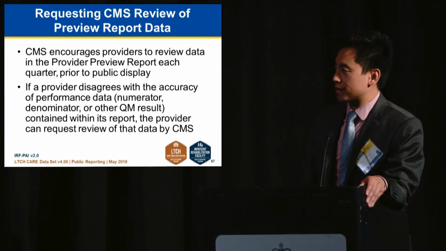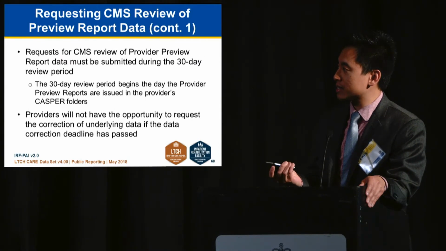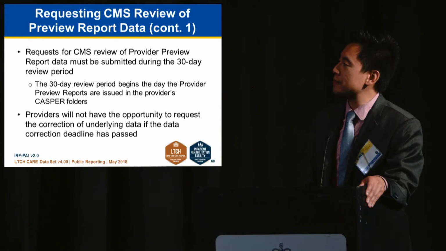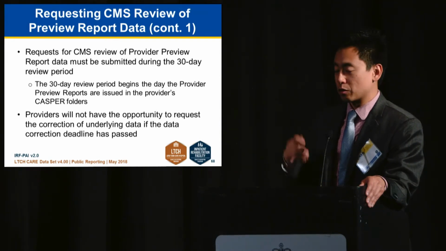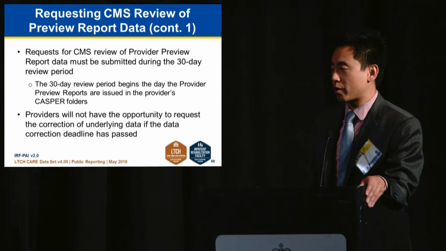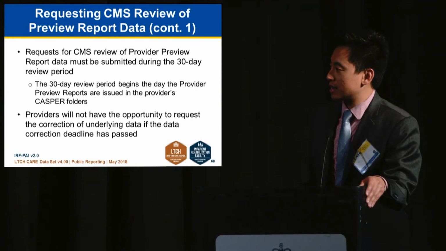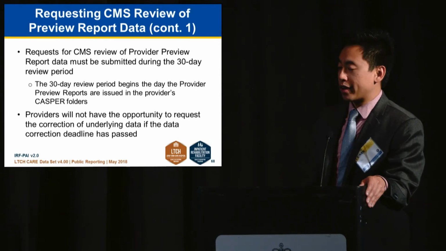And if you disagree with the accuracy of the performance data, then you can submit a request to CMS to review that data. And there is a process. So you can submit the request during the 30-day review period. But you will not have any way of correcting the data.